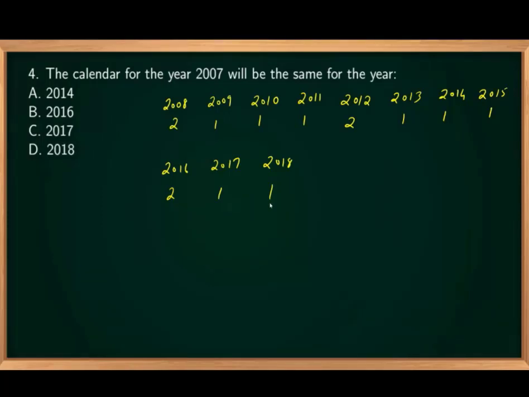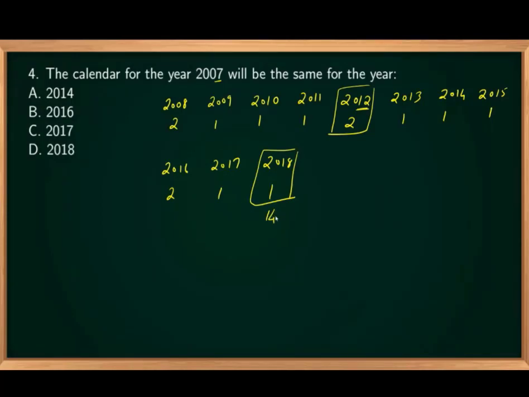Okay, so 2008, 2 plus 1, 3, 4, 5, 6, 7. Here we get 7, but look, 2012 is a leap year and 2007 is not a leap year. So again we have to add up to 7: 8, 9, 10, 11, 12, 13, 14. At 2018, we get the sum as 14. So 7 or a multiple of 7 will be the answer.